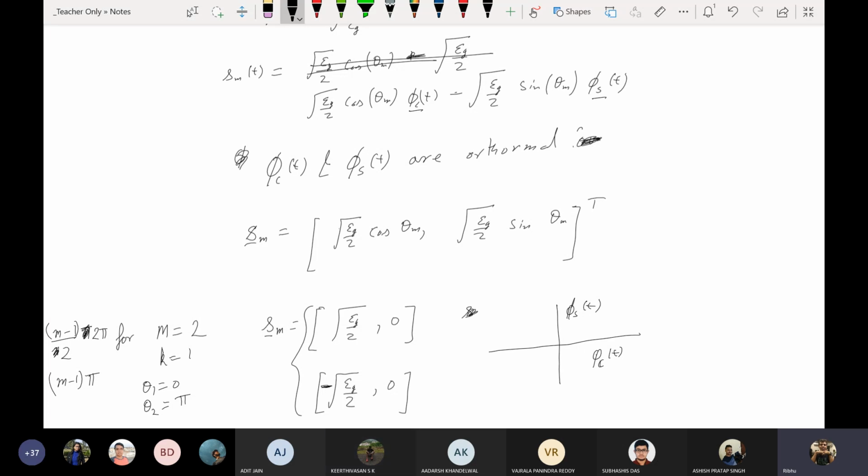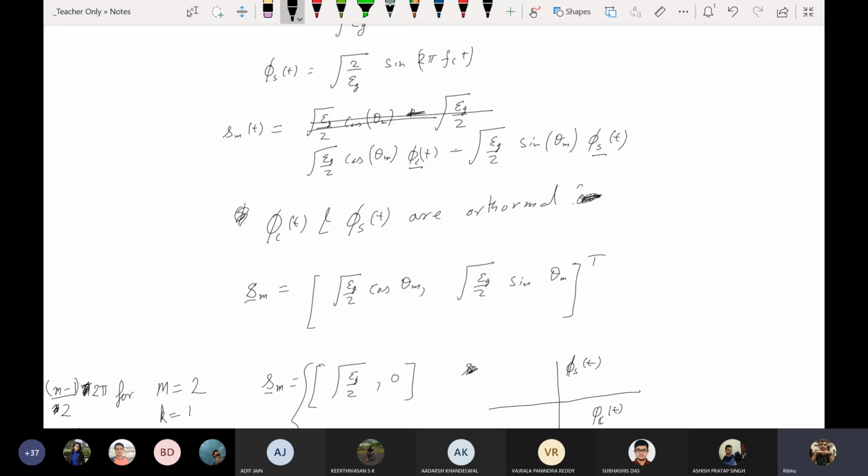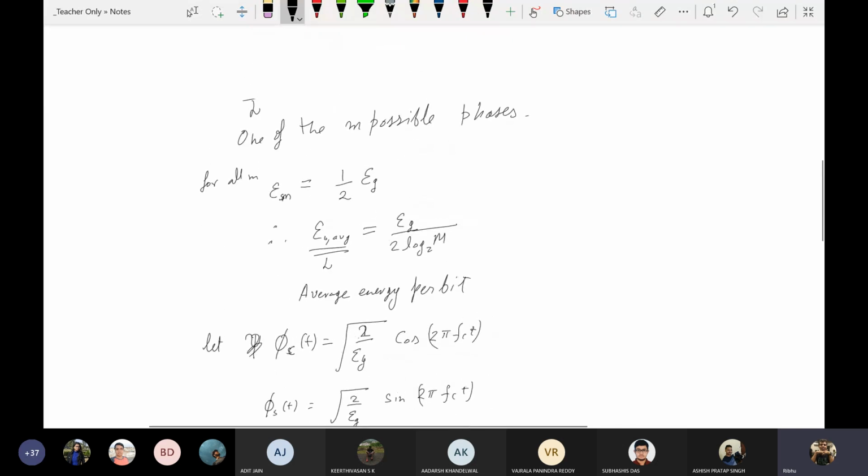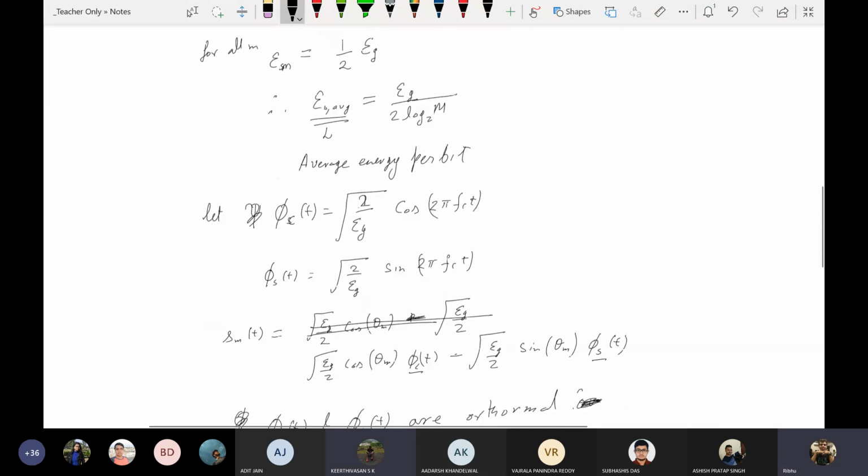In order for these to be orthonormal, they should have unit power, right? And these are simply the normalizing factors. If we consider φ_c alone, there should be a g(t) here. My bad.